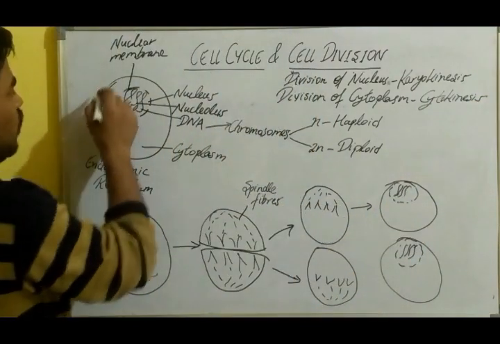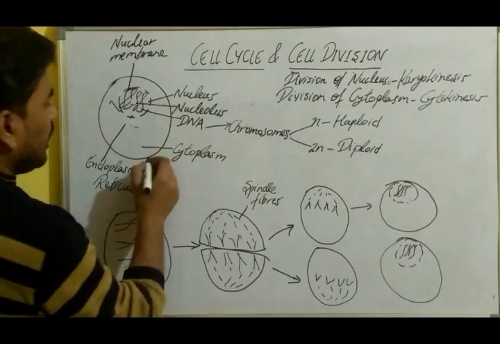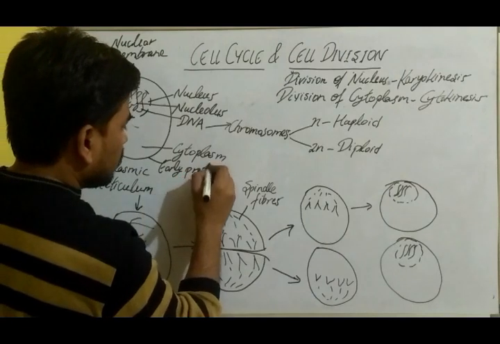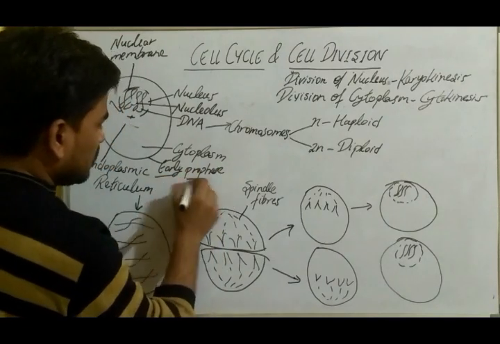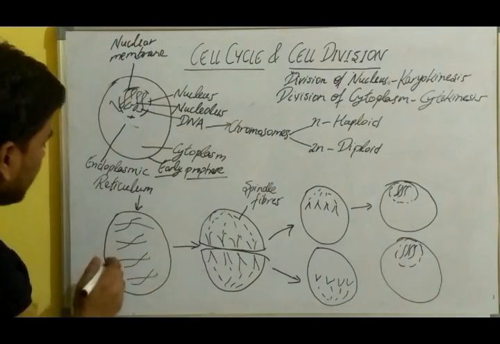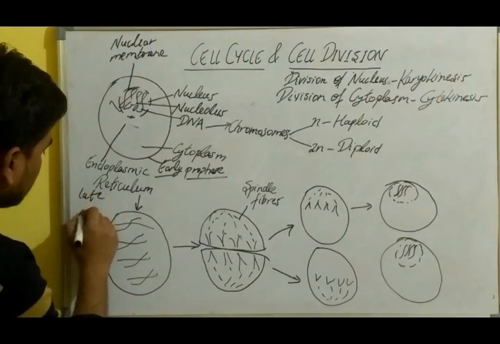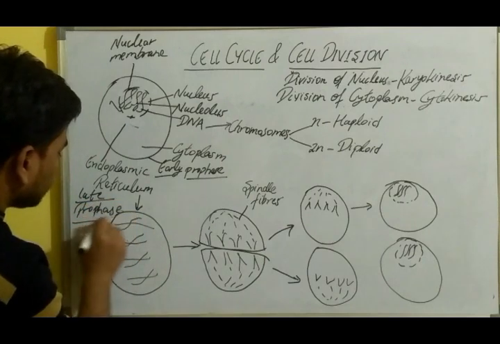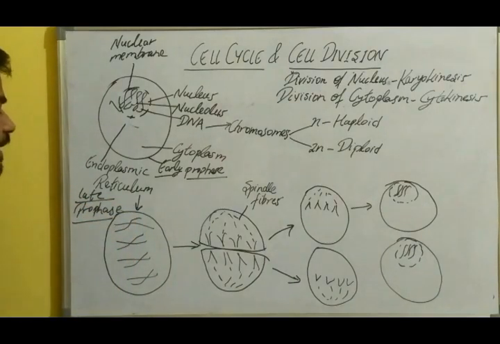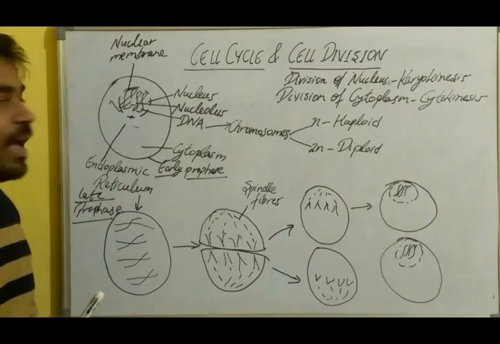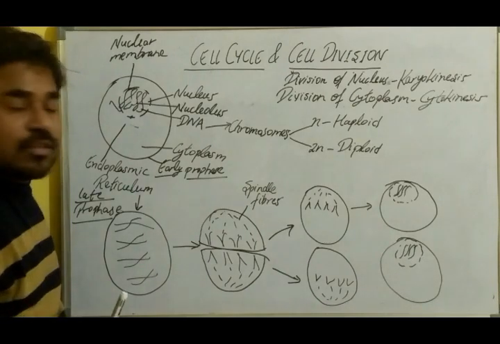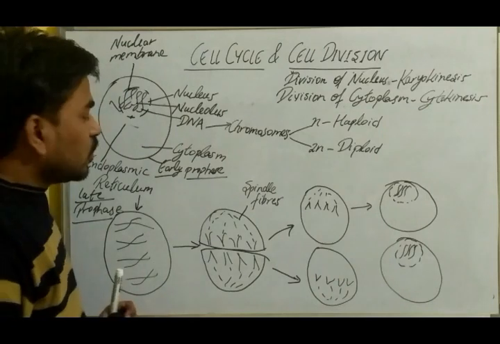So this early stage of cell division is called early prophase, and this stage is called late prophase. In the late prophase, the nuclear membrane disappears along with the nucleolus and endoplasmic reticulum, and the chromosomes become free. In the next stage, the cell division takes place along with the chromosomes.